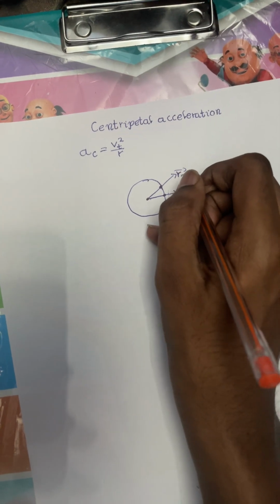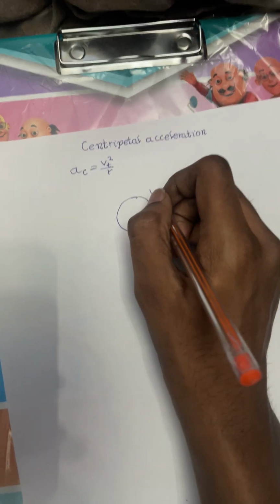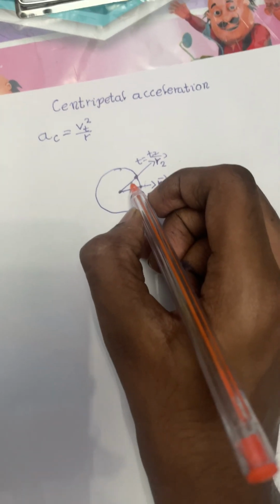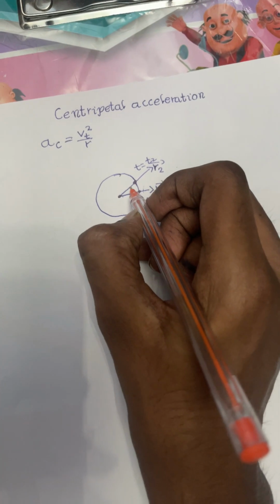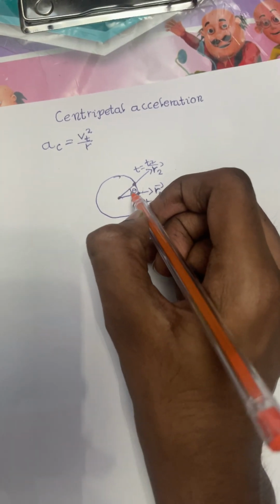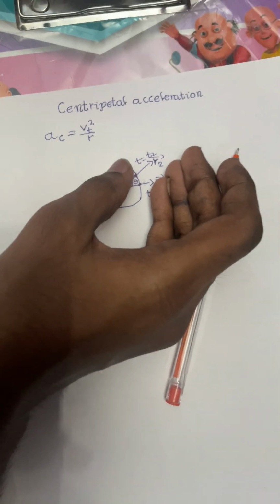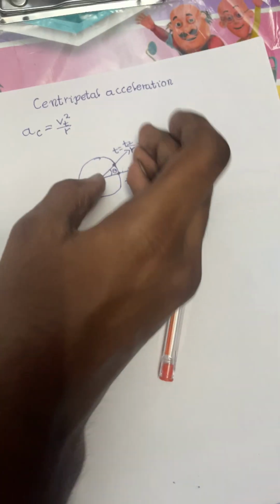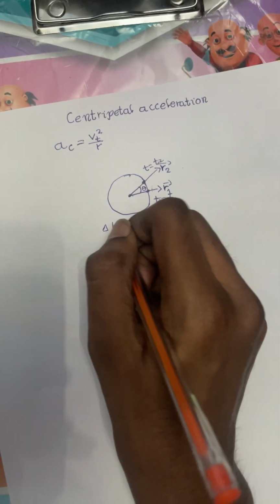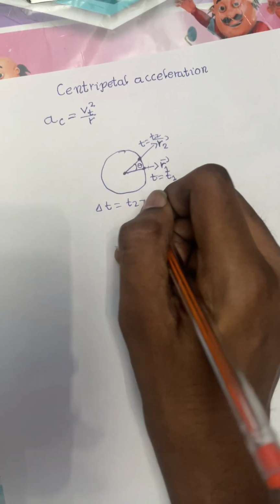So represent this position with r2 bar, and time is t2, and assume that it moved through an angular displacement of theta, right? It rotated through an angle of theta in this time of delta t. Delta t is t2 minus t1, right?